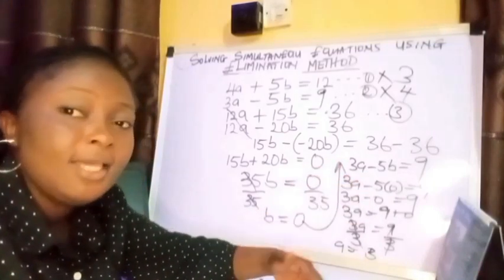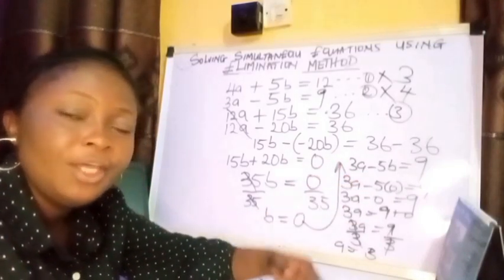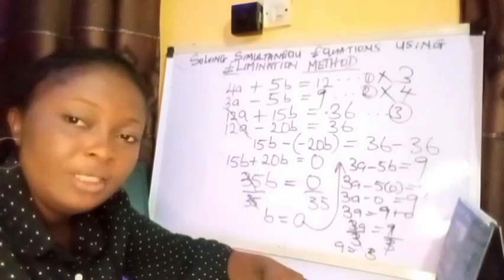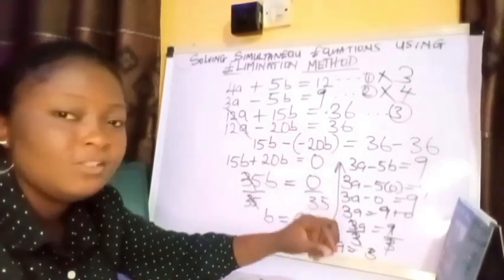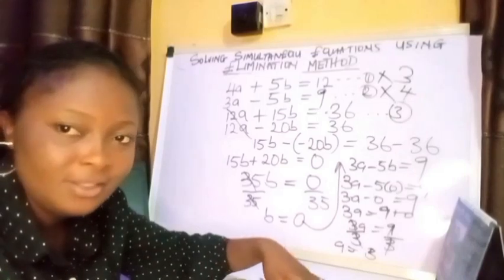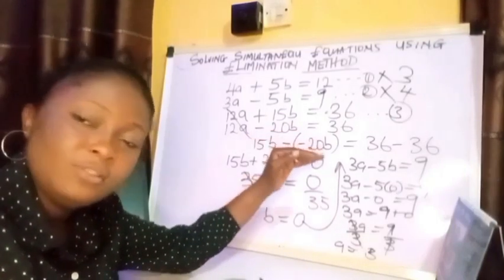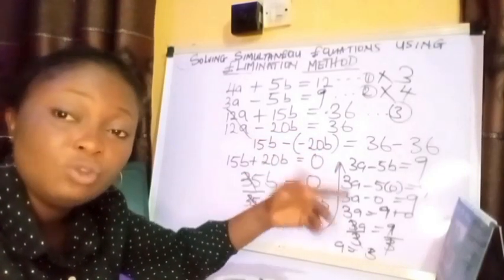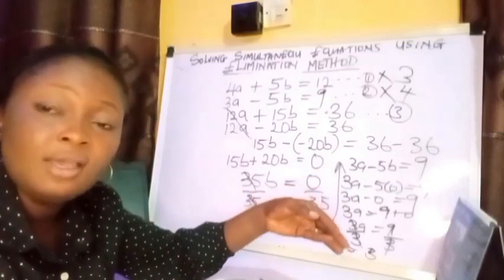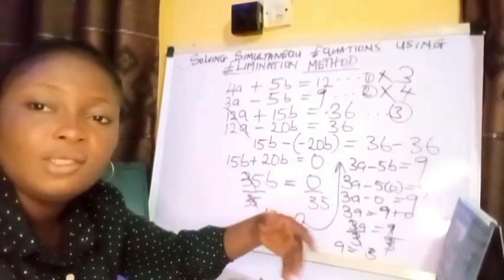And I said that in the elimination method, for any unknown you choose to eliminate, you must make sure that the coefficients in both equations are the same. For example, if the coefficient of A in equation 1 is 5, make sure that it is 5 also in equation 2.